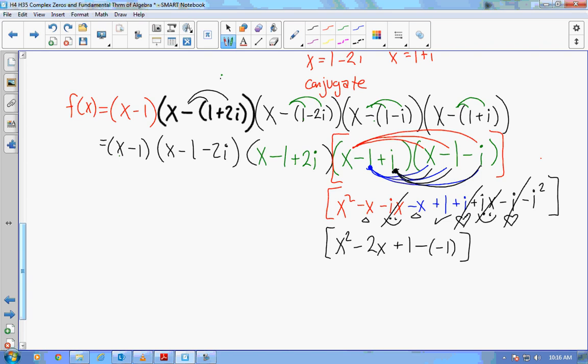Notice what happened. Every term with an i canceled out or changed to the -1. So you should not have any i's left. We have x squared minus 2x and 1 plus 1 is 2. All of the i's canceled out because of those conjugates.